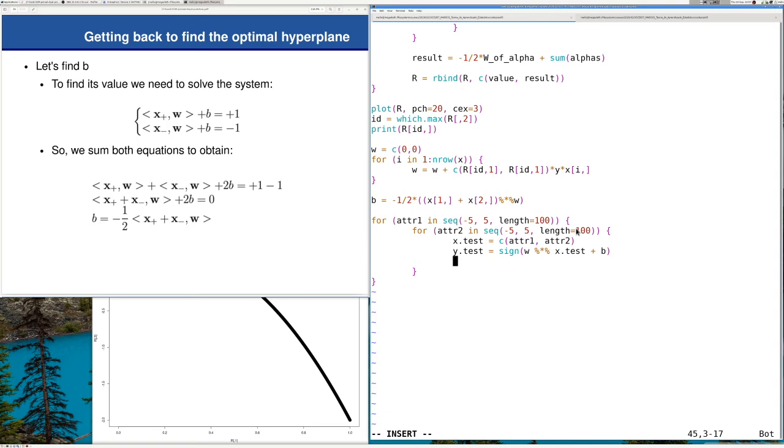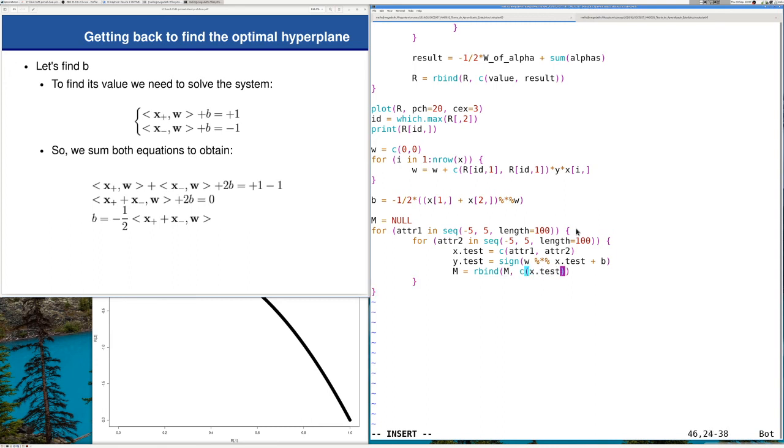What is interesting here is I could plot that. I could save that in some matrix M. That matrix could contain something like this along the rows. That's why row bind: it's going to contain x test, and it's going to contain y test.